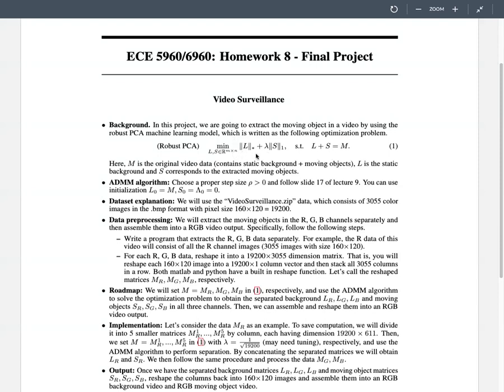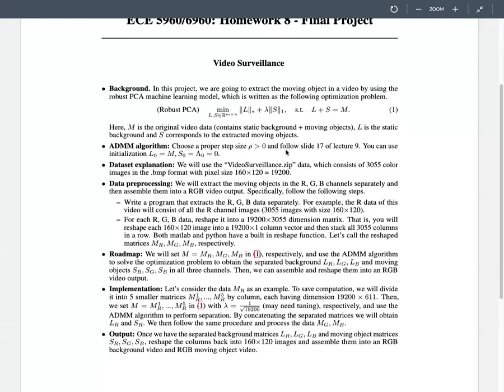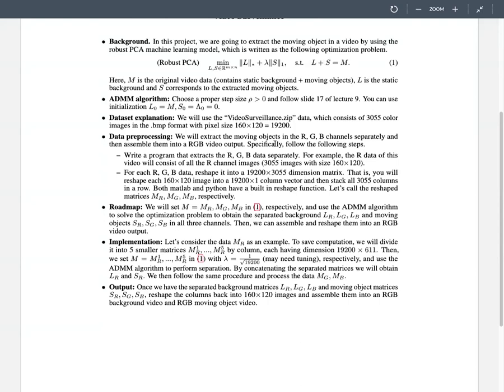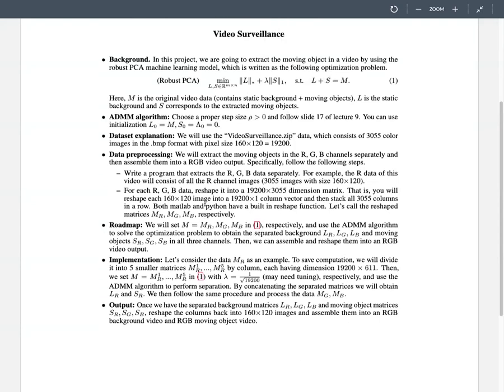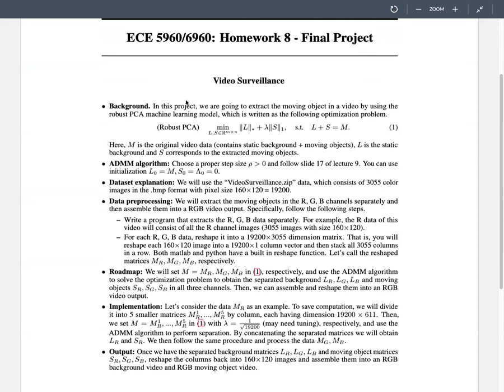This is the nuclear norm of a matrix. This is the L1 norm of a matrix. And I will give you a data set. It's basically a small video and contains this many images. And we will follow the instructions to implement the ADMM method to solve this problem.